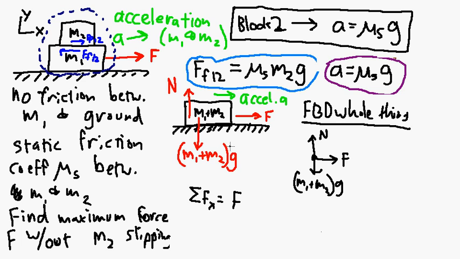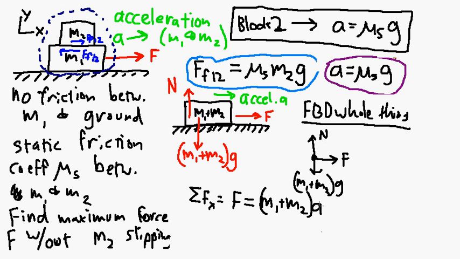So the only external force acting on this is F. Literally, that's my entire set of outside forces acting on m1 plus m2 in the x direction. So that's got to equal the mass of the total thing, which is m1 plus m2, times a.